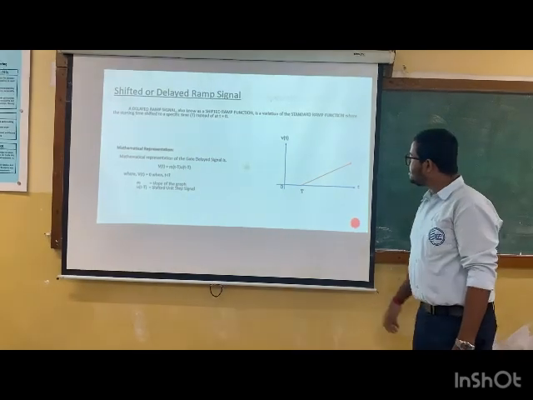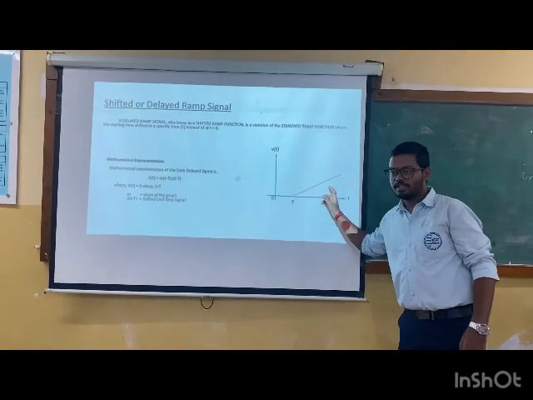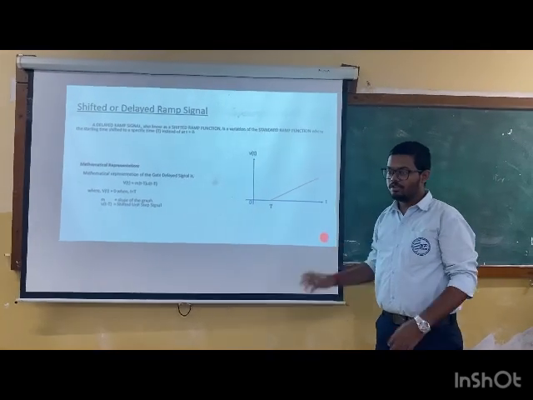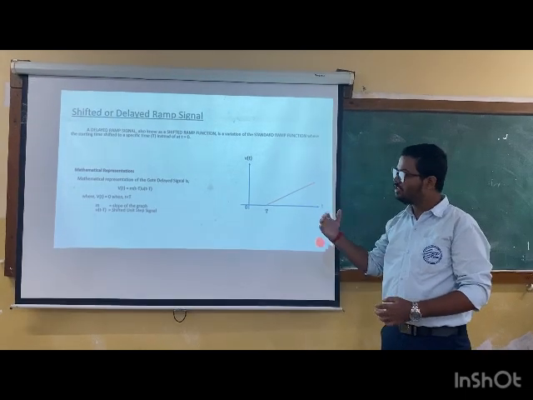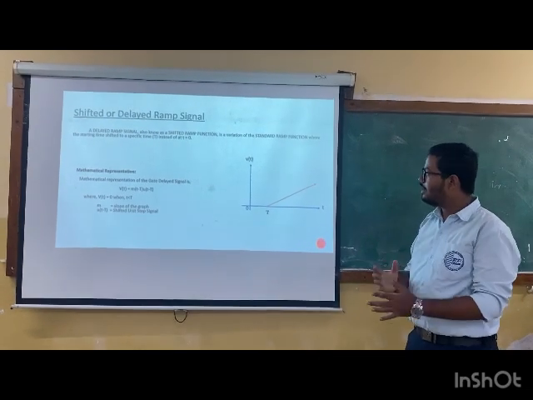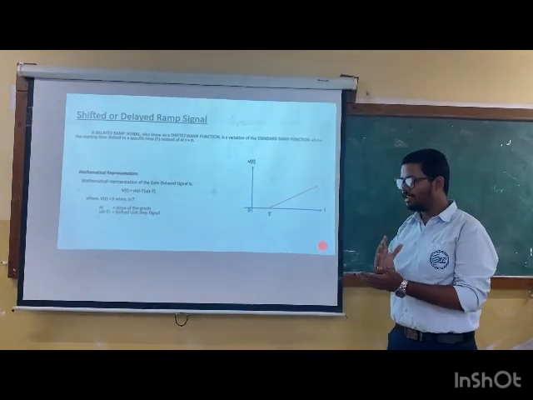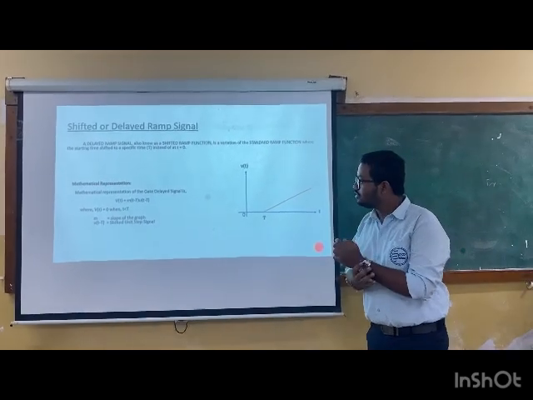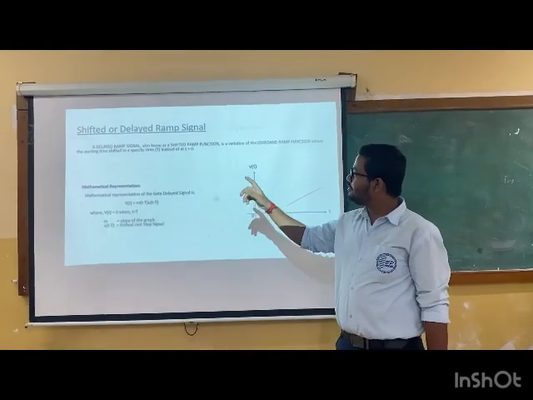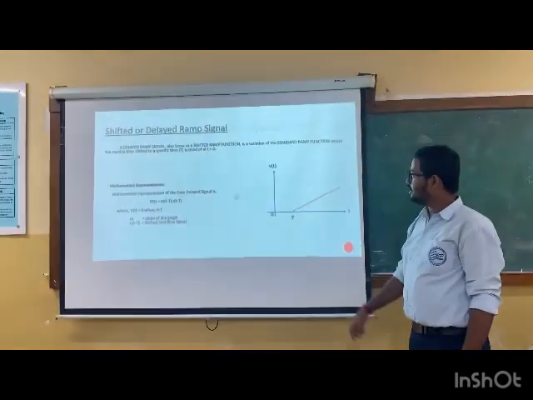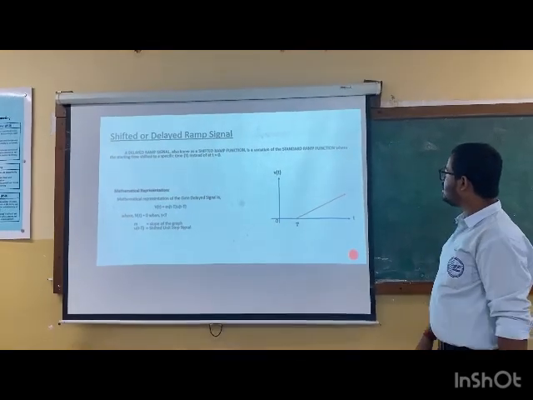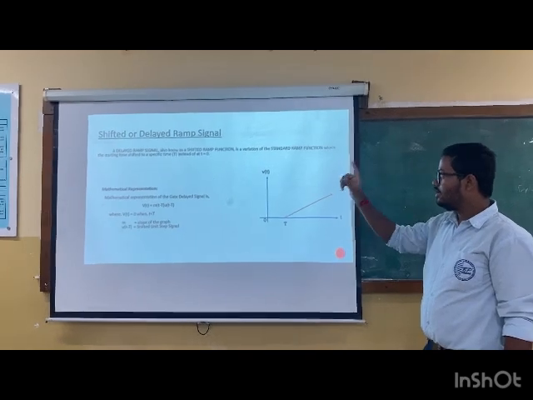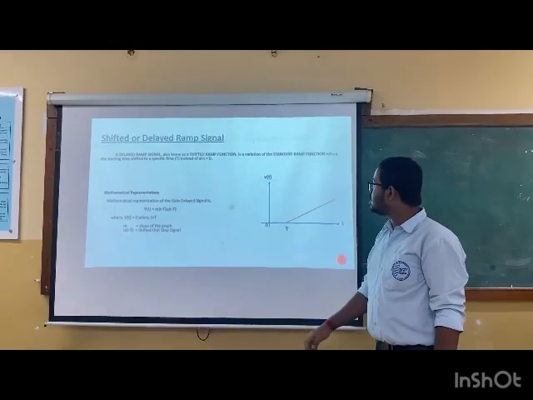A ramp signal is basically a test signal that we use to test other systems and the delays of other systems. The shifted ramp signal or delayed ramp signal, also known as the shifted ramp function, is a variation of the standard ramp function where the starting time is shifted to a specific time.